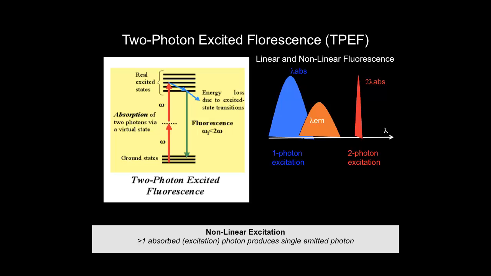Absolutely. So can any material that exhibits linear fluorescence give a two-photon signal? Oh yes, especially the fluorophores, the labels that we usually use to label different biological components in specimens. Those can be excited with two-photon.